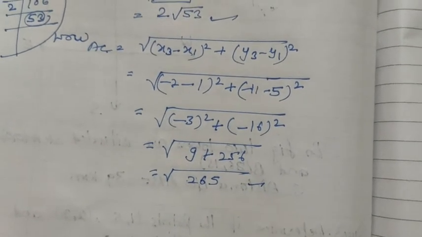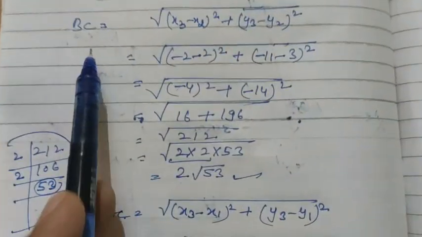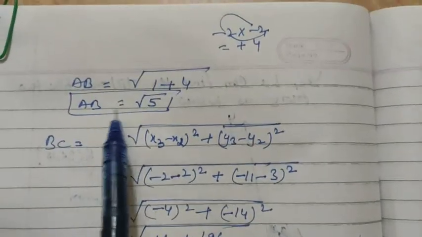So AC is root 265, BC is 2 root 53 and AB is root 5.